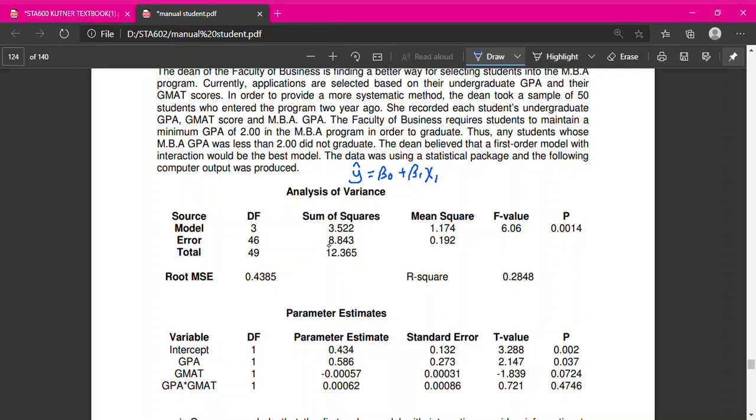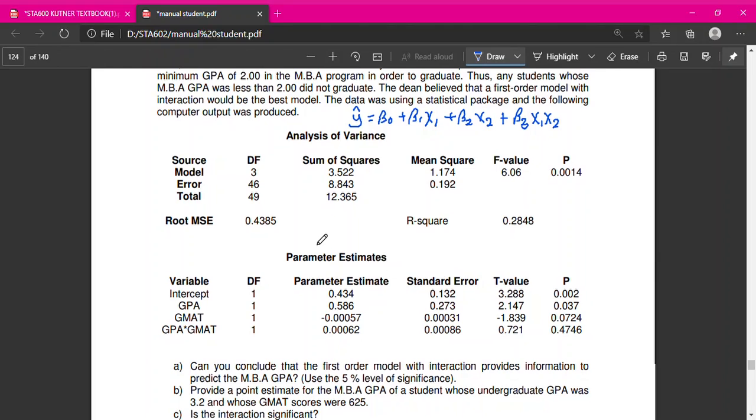Okay, ada dua x, plus beta 2 x2. Okay, plus beta 3 x1 x2. First order model, first order je, tak ada square, with interaction. Ada interaction. Okay, so ini juga dipanggil polynomial model sebab dia ada interaction.